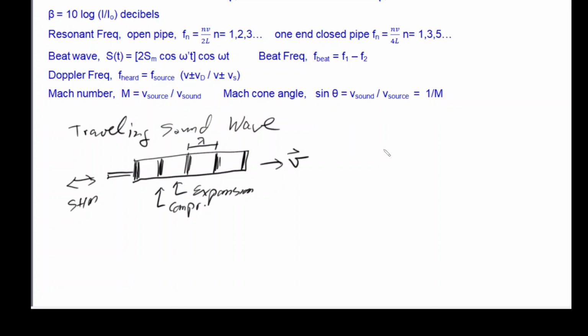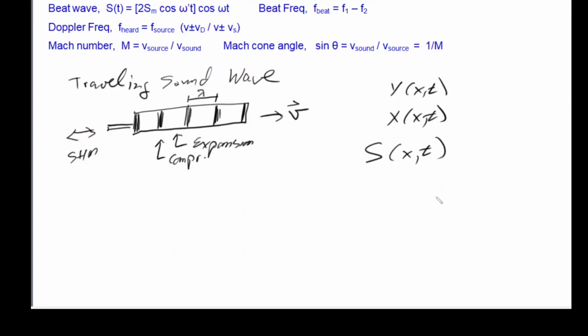So with transverse waves, we used y of x and t to describe the wave, but our sound waves are moving in the x direction. So you might want to use x of x and t, but that becomes confusing. So instead of x, we use s of x and t.